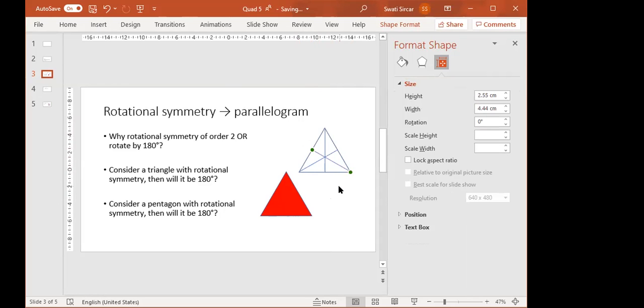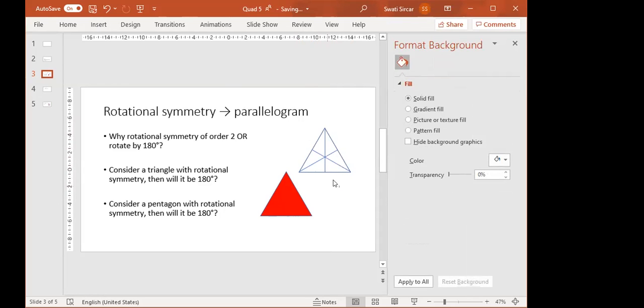So you see where they have all intersected, that is basically the center of rotation.